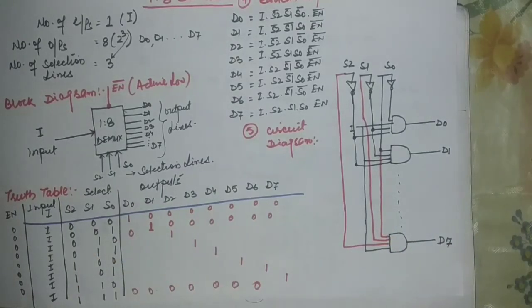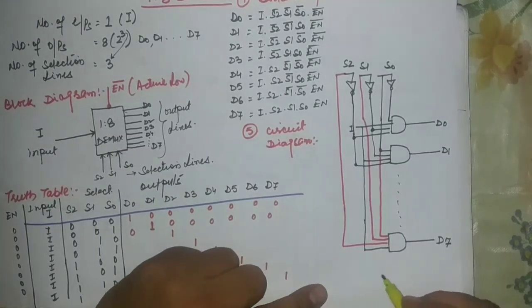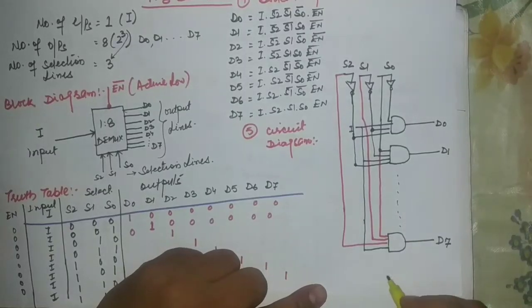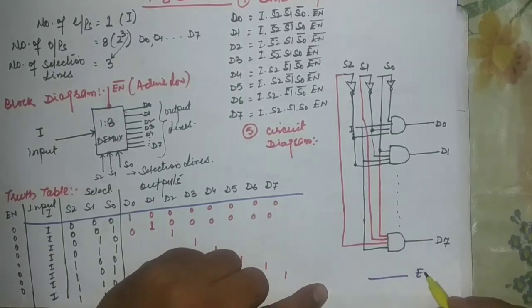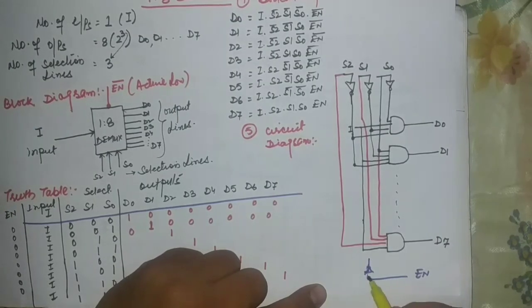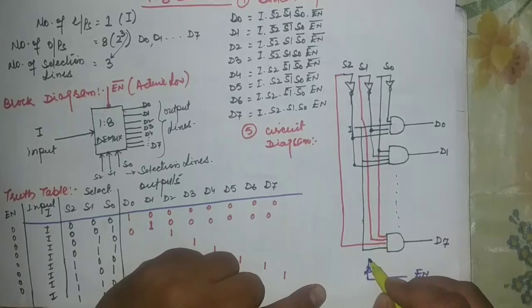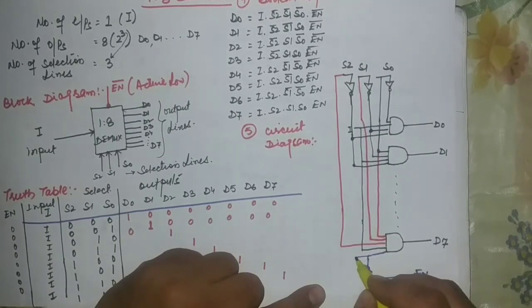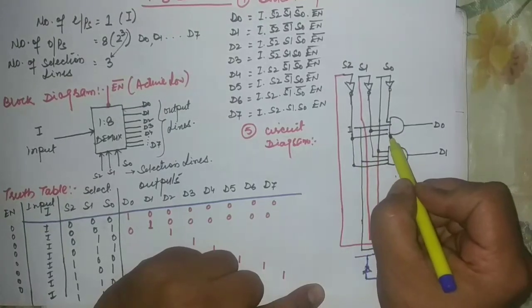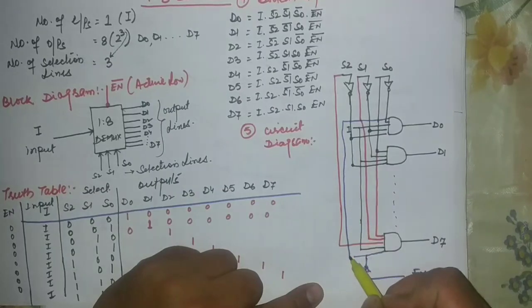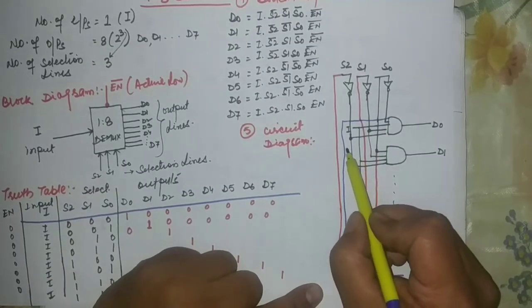Okay. So this is the way we can draw the circuit diagram for the rest of the AND gates also. Say for example, we have this enable, which is at active low. So one inverter we require, and that also is fed to all the AND gates.